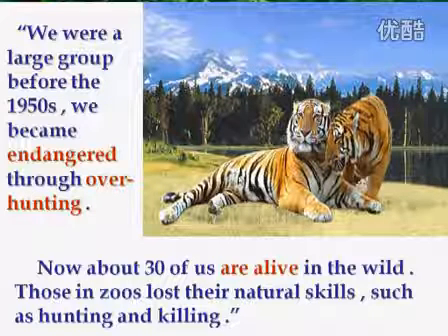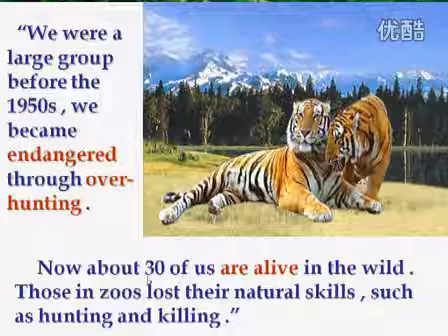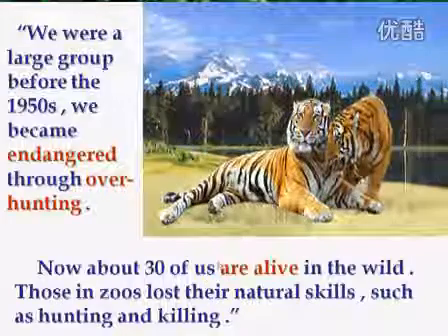Those in zoos lost their natural skills, such as hunting and killing. And now, only 30 of these tigers are still alive in the world. And the rest of them are kept in the zoo, or overhunted by human beings, right?